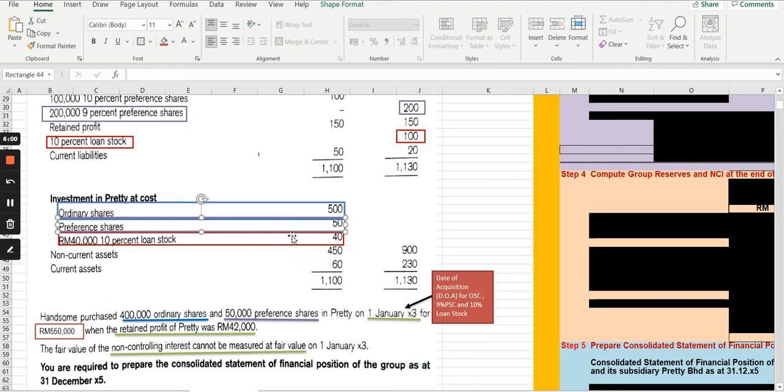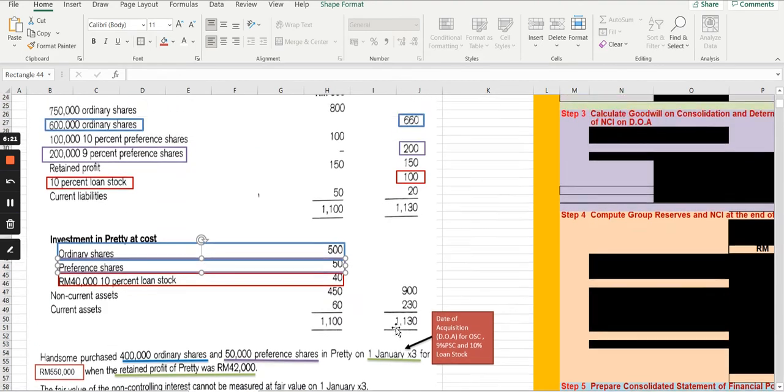For the debentures, that was a separate cost of investment of 40,000, but this is not informed here because the information that you have down here was just referring to ordinary and preference shares, right? And on that date, the retained profit or the pre-acquisition reserve of Pretty was 42,000. And here is the date of acquisition.